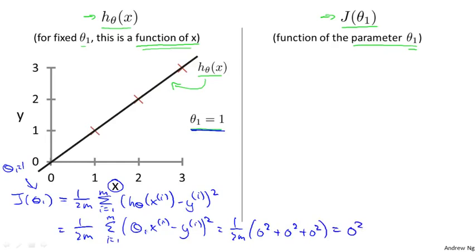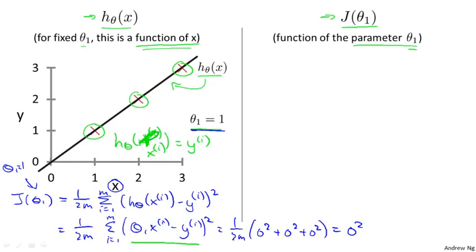Now, inside the cost function, each of these terms here is equal to 0 because, for the specific training set I have, where my 3 training examples are at 1, 1, 2, 2, 3, 3, if theta 1 is equal to 1, then h of xi is equal to yi exactly.